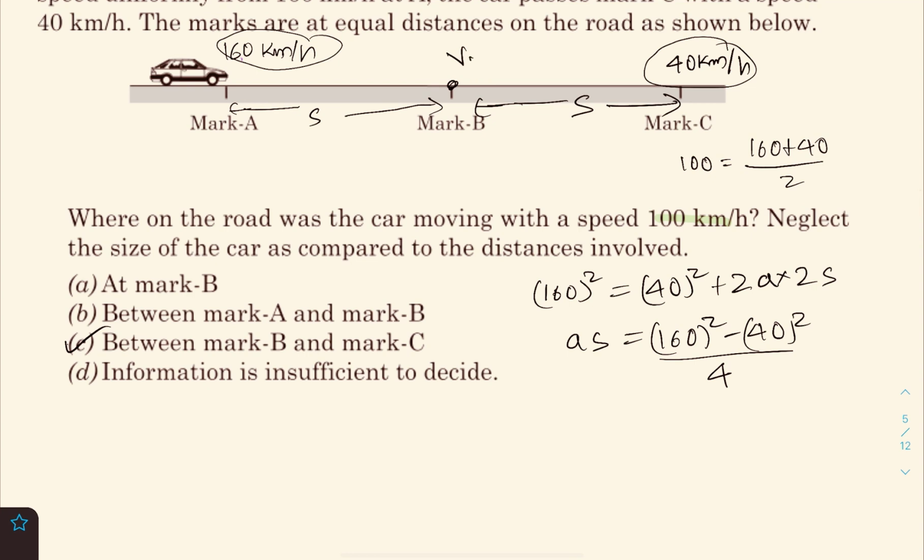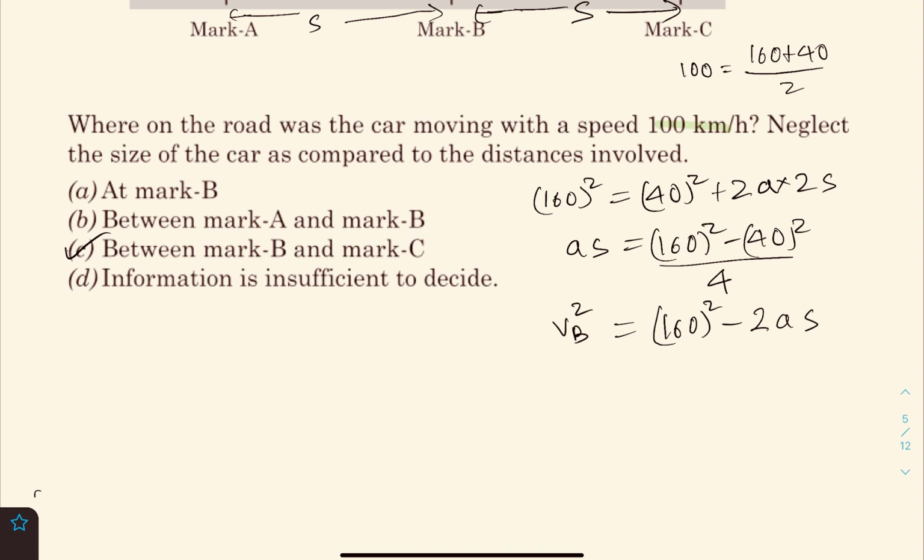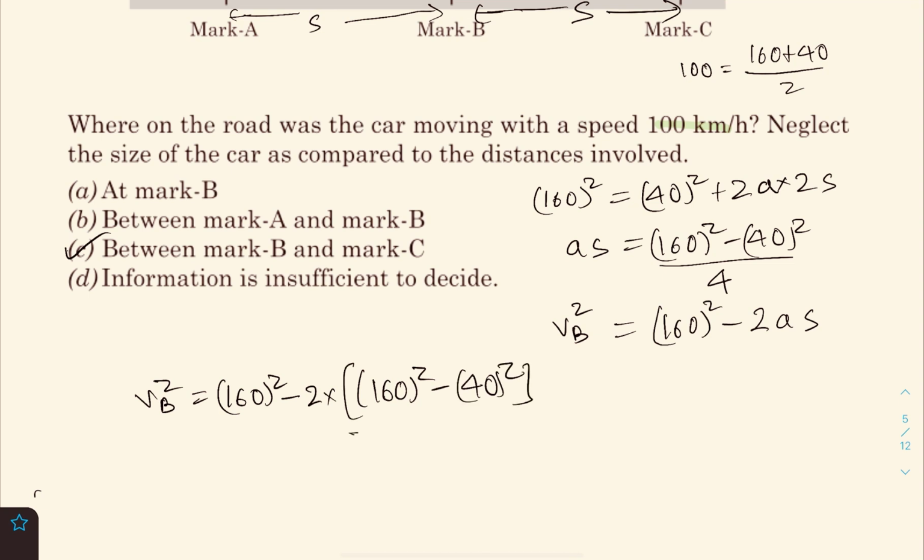Now the speed at point B, if we want to calculate, we can write VB square equal to 160 square minus 2AS, right? Minus 2AS. So that gives us VB square is equal to 160 square minus 2 into (160 square minus 40 square) by 4, right?